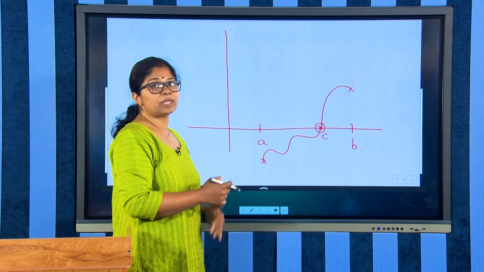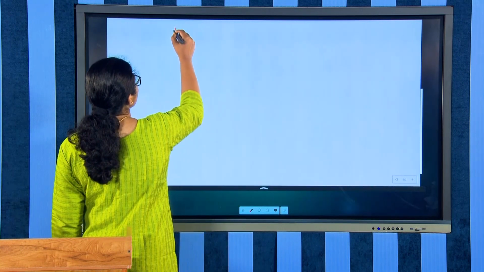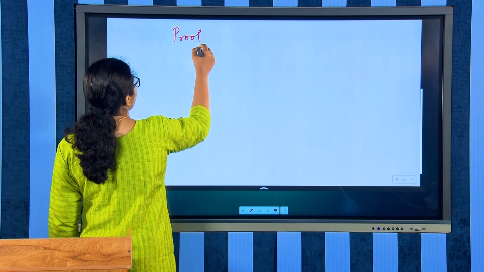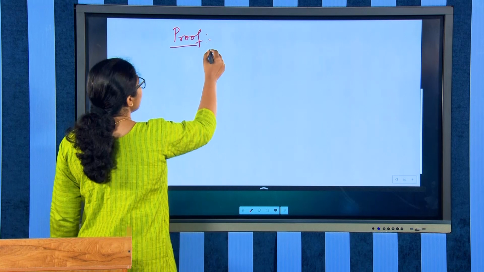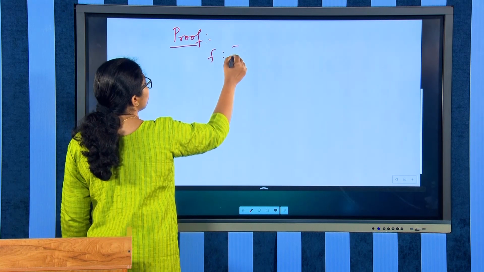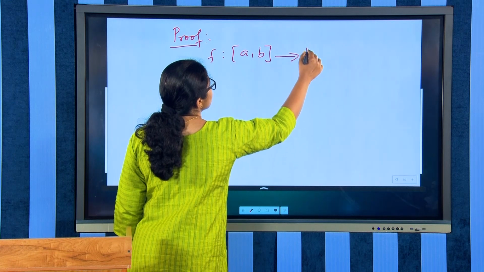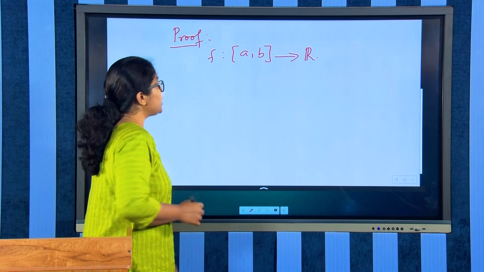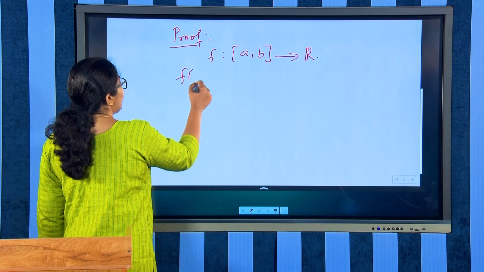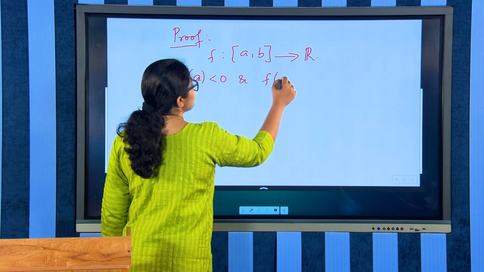Now, let us see the proof of it. Looking at the proof of the theorem, we are given f is defined from the closed interval AB to the set of all real numbers R. Also, additionally we are given a condition that f of a is less than 0 and f of b is greater than 0.